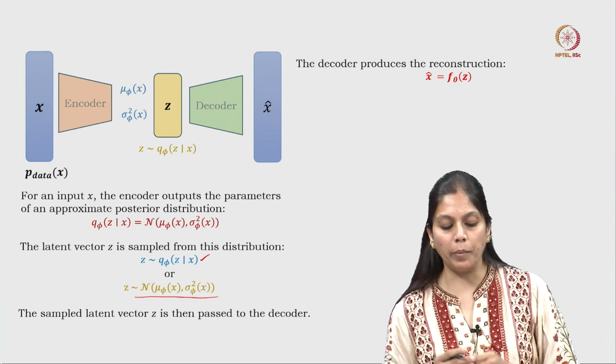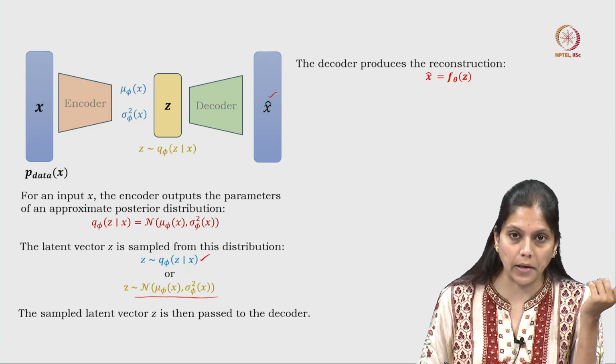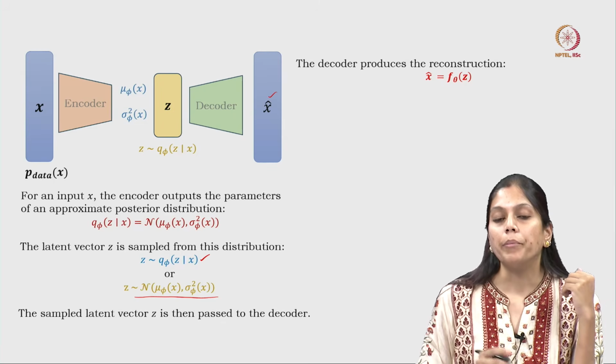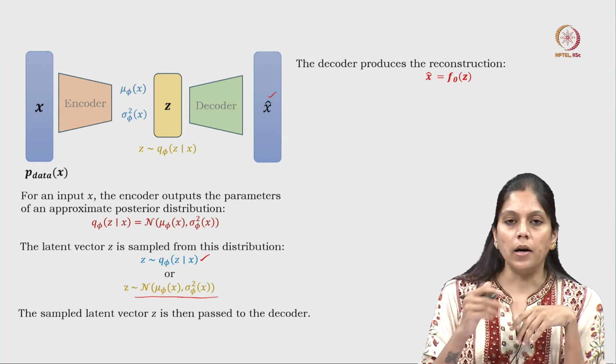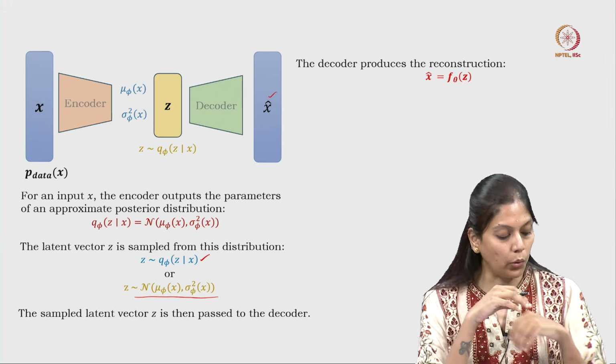Mathematically, x hat is the reconstructed data, and Z is passed to it as input, where f of theta is the decoder neural network.